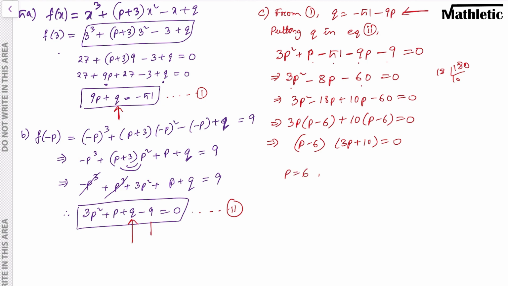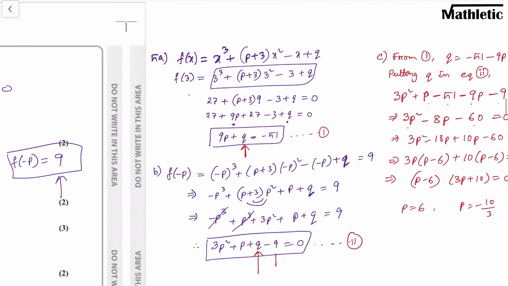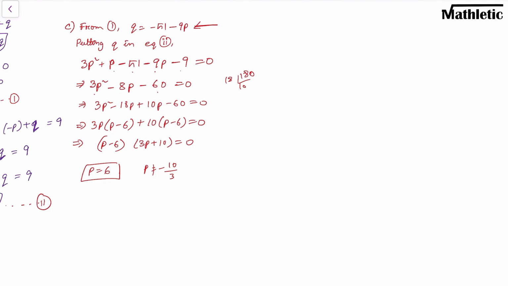So p equals 6, p equals minus 10 by 3, and p was greater than 0. So you need to discard the negative one. The final result is p equals 6. To get the value of q, we will just replace the value of p in this expression. So q is minus 51 minus 9 into 6, so that will give us minus 105.